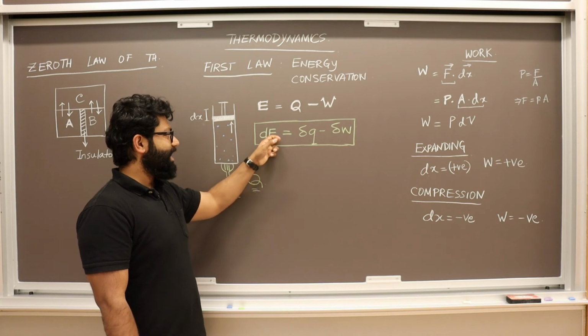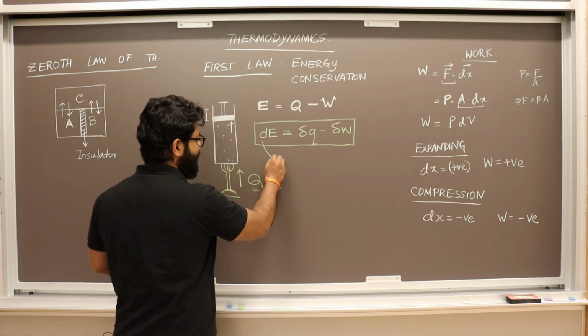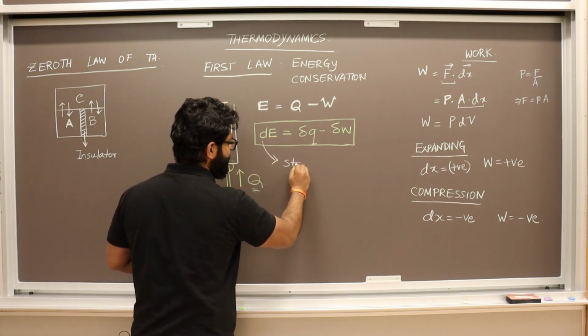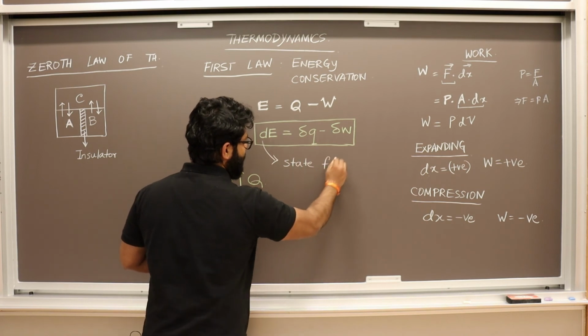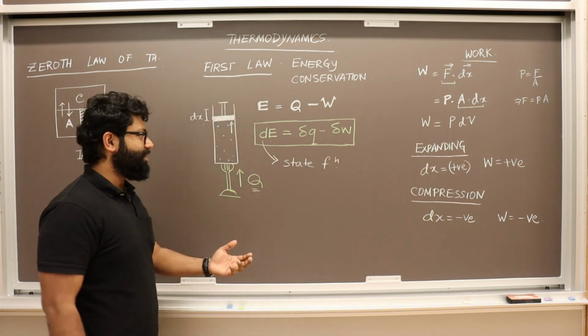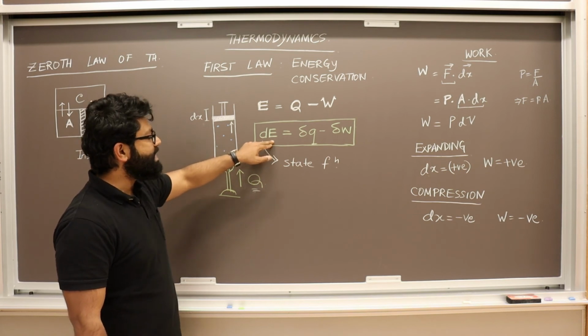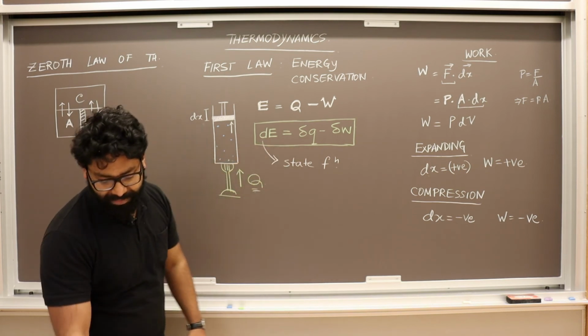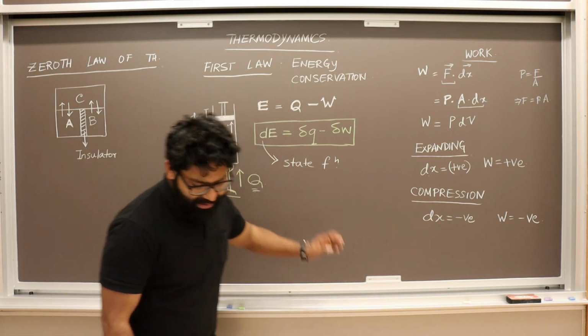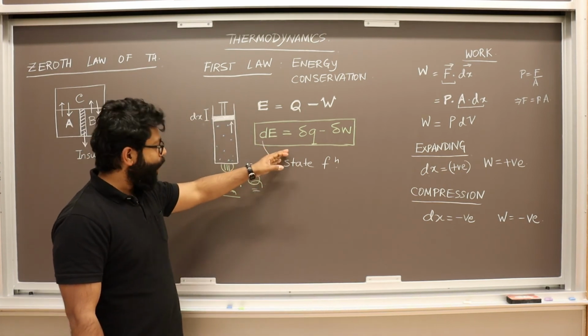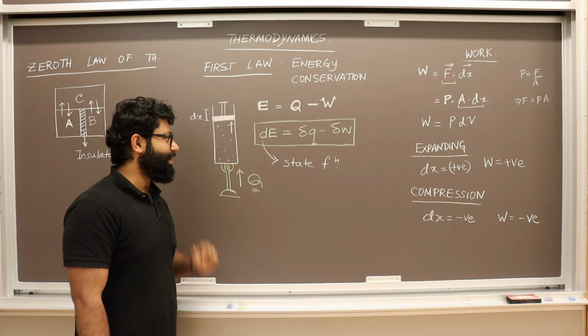And E is a state function, and therefore a perfect differential, and that is why I'm writing it here as dE and not delta Q and delta W. Okay, so this is the general idea of the first law of thermodynamics.